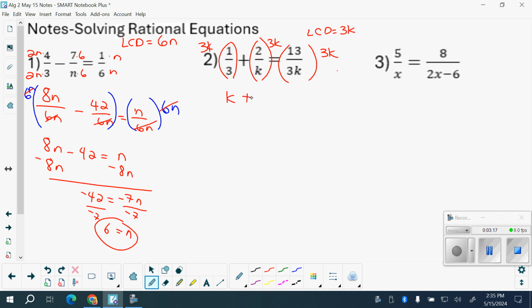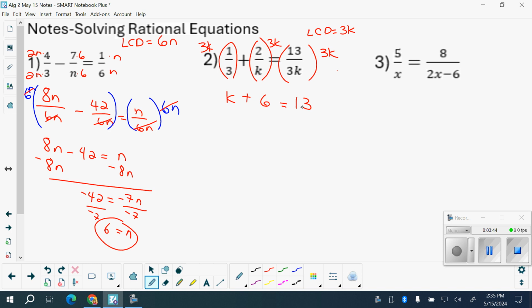What cancels here on this one? The k. So we're left with 6. And then what cancels on this one? The 3k. So we're left with 13. So you have to end up doing some thinking on this one. It's not necessarily the way that most students understand it, but I wanted to at least show it on one of them.